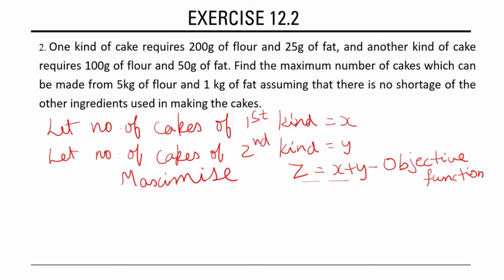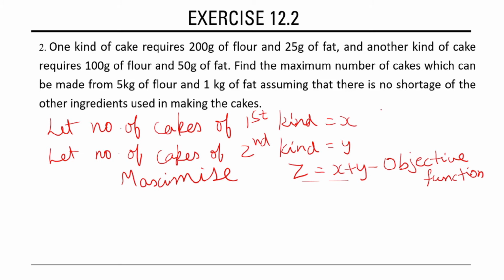Now what are the other details that are given? One kind of cake, that is the first kind of cake, requires 200 grams of flour and 25 grams of fat, and the second kind of cake requires 100 gram of flour and 50 gram of fat.